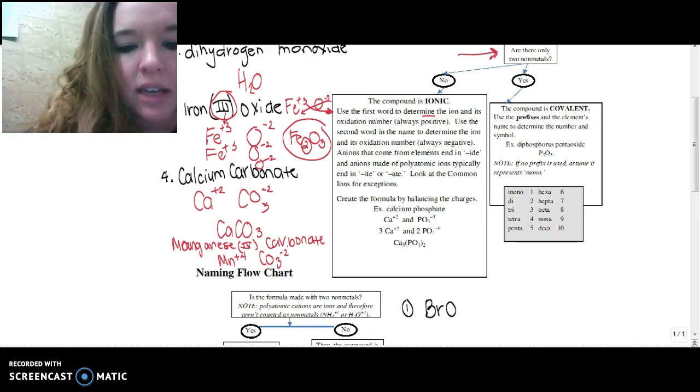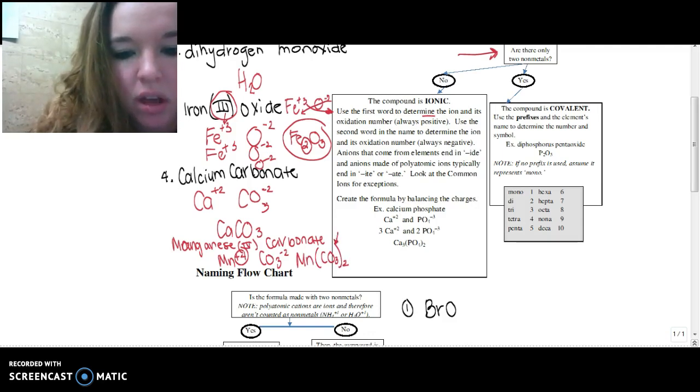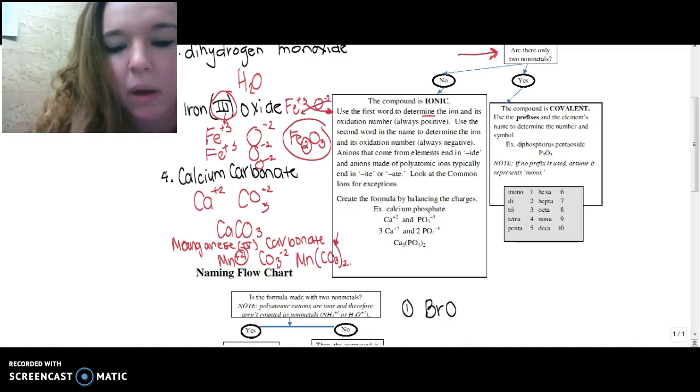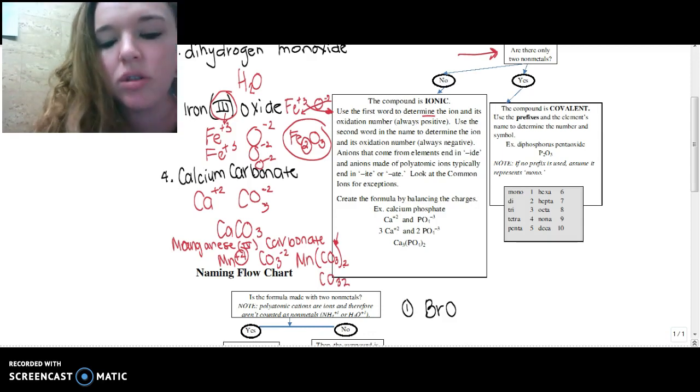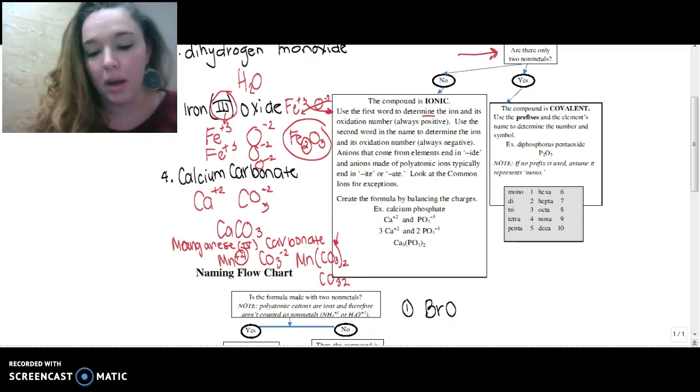In order to balance out the +4 on my manganese, I need another carbonate. So you end up with Mn(CO3)2. And you need the parentheses because there's more than one of those polyatomic ions. You can't put CO32 because that would change the formula of your polyatomic.